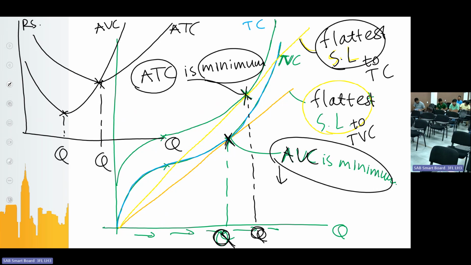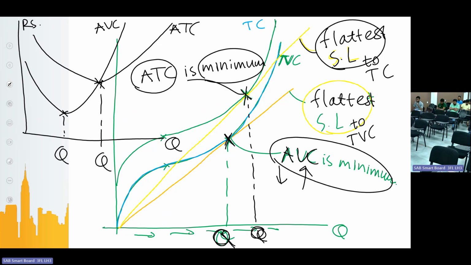That is the point where we can draw the flattest straight line. And after that point, when we draw straight lines further, you see they are getting steeper and steeper. That means ABC is increasing.